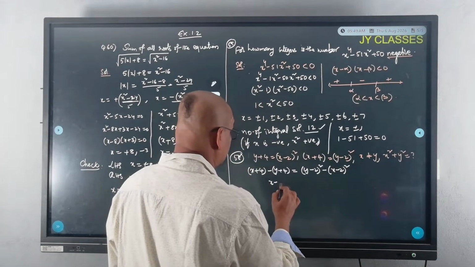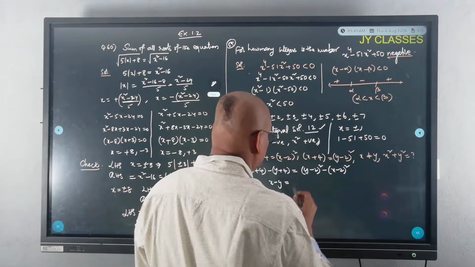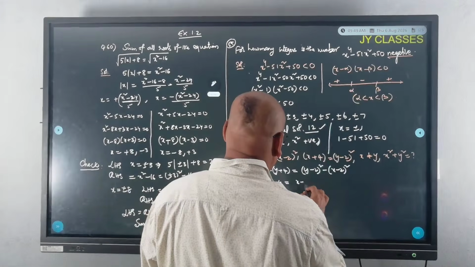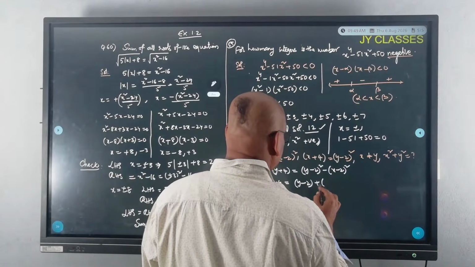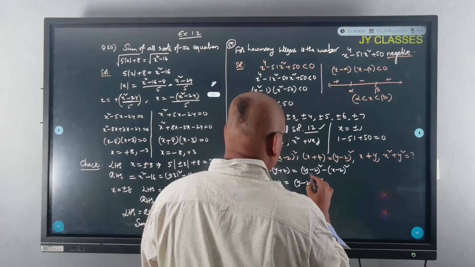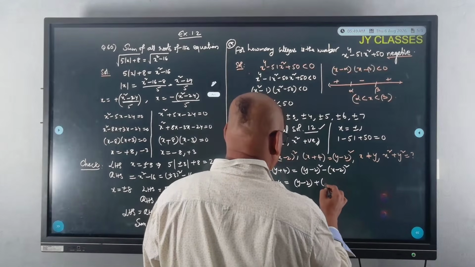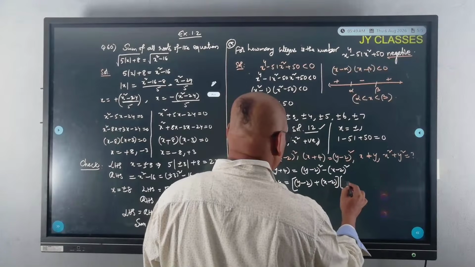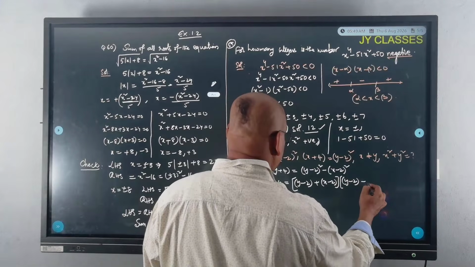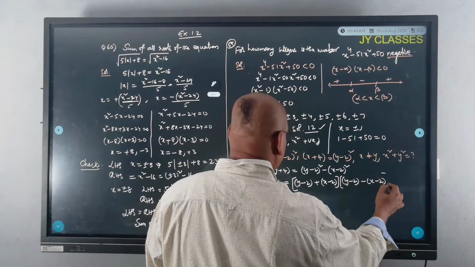So this is x minus y is equal to, once observe here, y minus 2 plus x minus 2 into y minus 2 minus x minus 2.